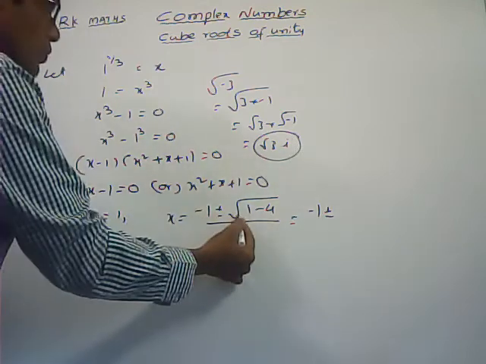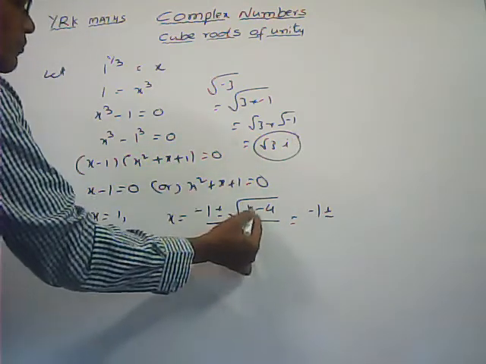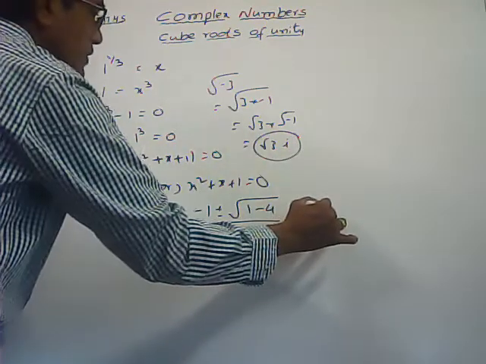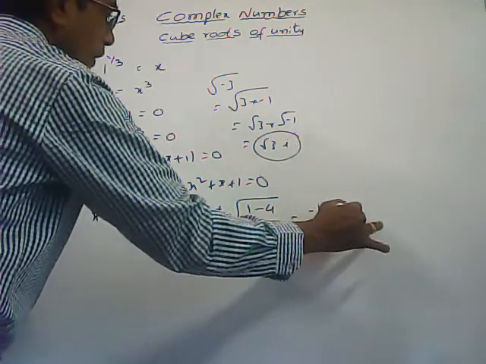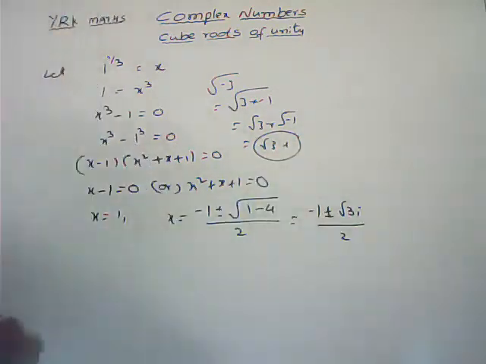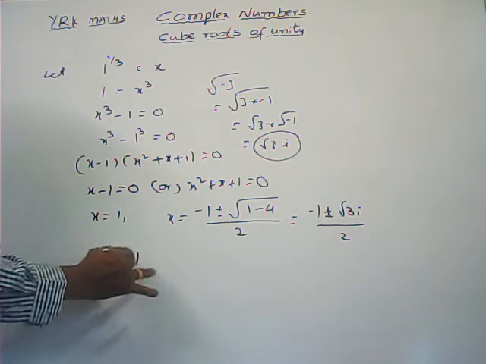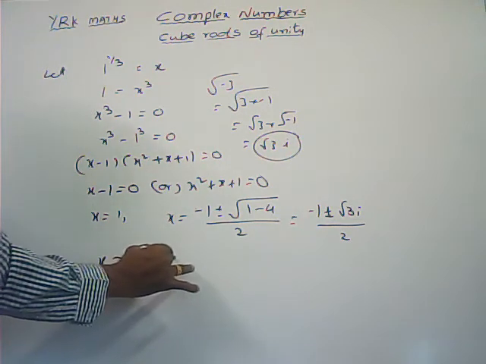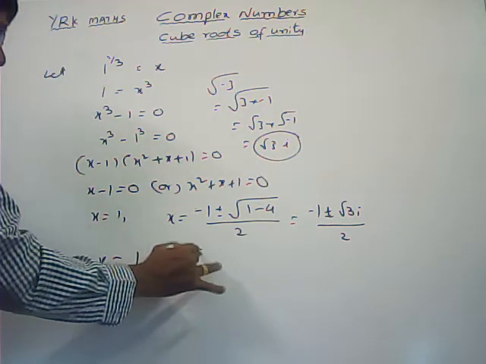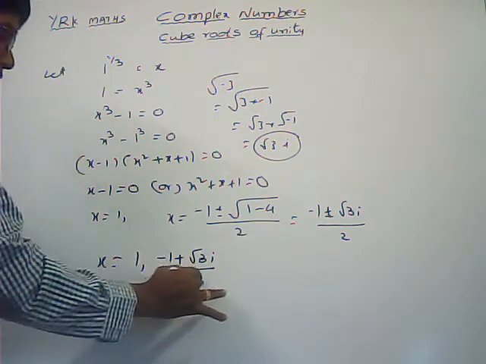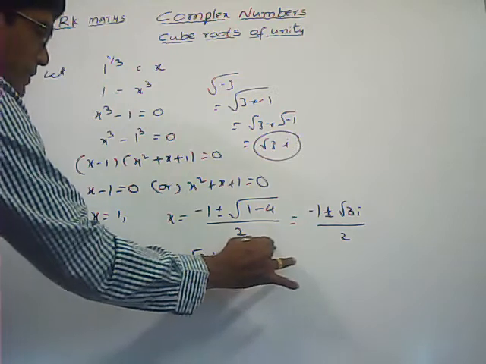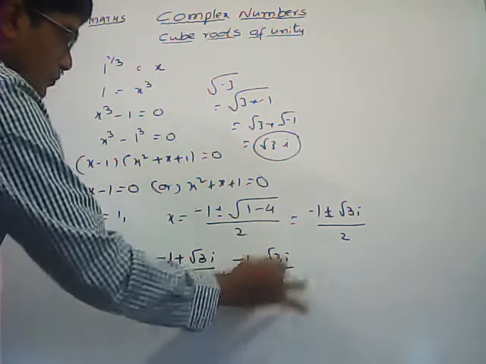So root of minus 3 is root 3 i, whole by 2. Written separately, the x values are 1, minus 1 plus root 3i by 2, and minus 1 minus root 3i by 2.